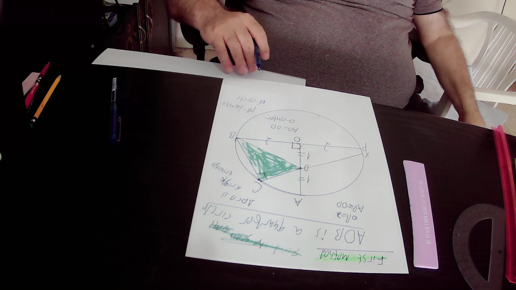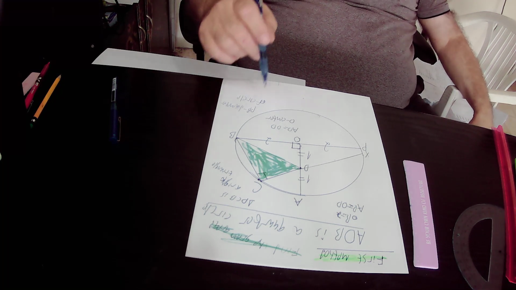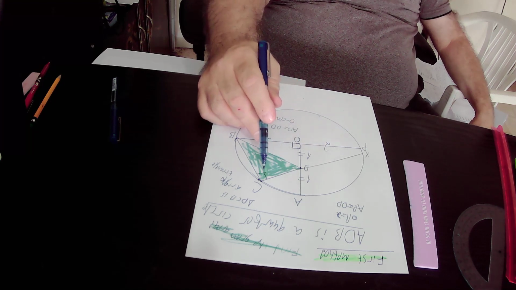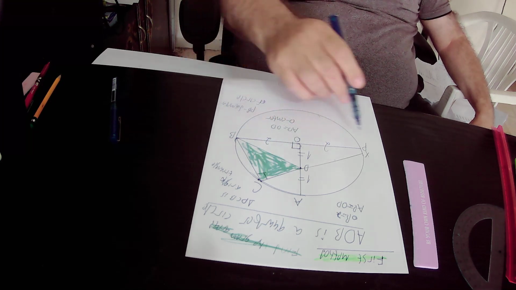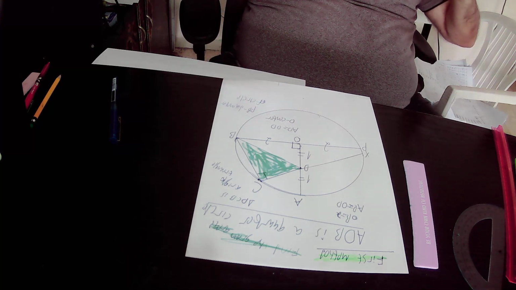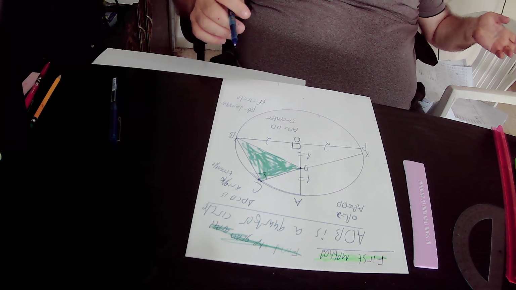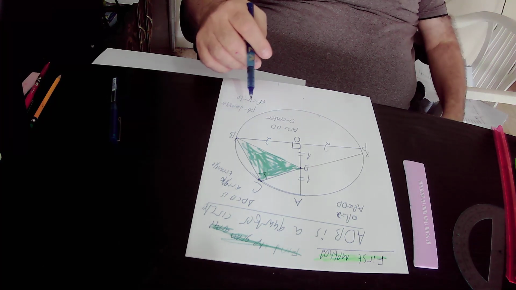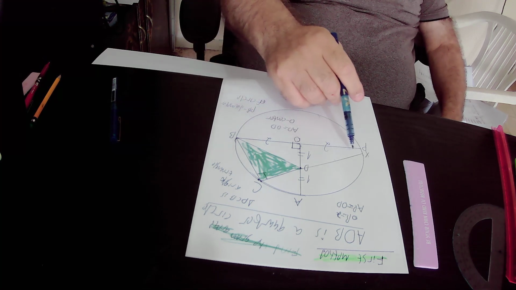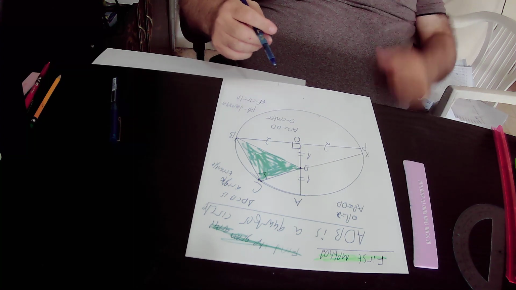I repeat again that according to the rule that I mentioned, here peripheral angle BCP, because it is equal to 90 degrees, must rest on PB, that is the diameter of the circle, because any peripheral angle that is equal to 90 degrees must rest on the diameter of the circle. But according to our assumption, angle BCX doesn't rest on the diameter, that is PB. So we have here a contradiction.